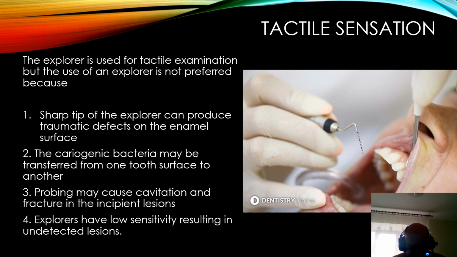The cariogenic bacteria may be transferred from one tooth surface to another. Probing may cause cavitation and fracture in incipient lesions. Explorers have low sensitivity, resulting in undetected lesions.